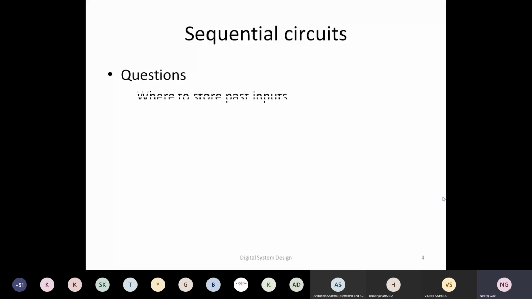The first question I would say: should I store all the past inputs? And where to store? Should I create some memory elements? If I am storing all the past inputs, it would probably require a huge memory, and even huge memory will not be sufficient. Let's say the input is changing every nanosecond or every millisecond, and since the start of time equal to 0, in years you will have petabytes of memory.